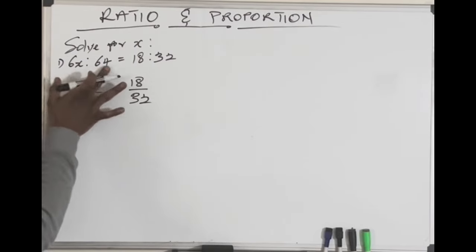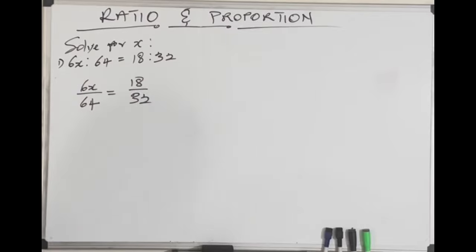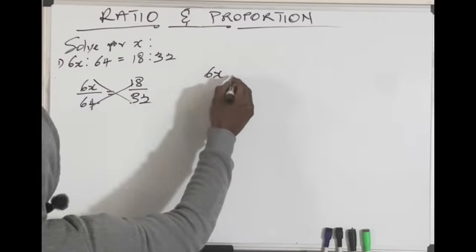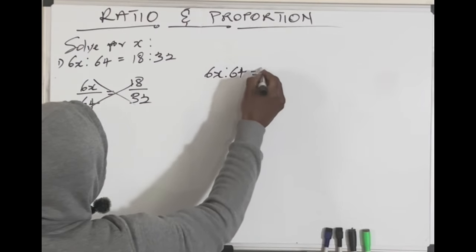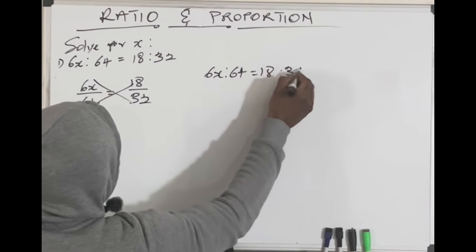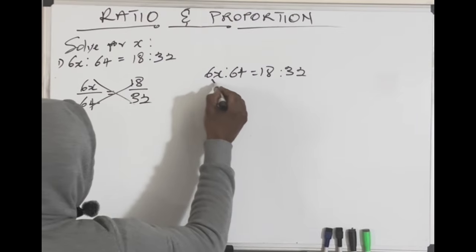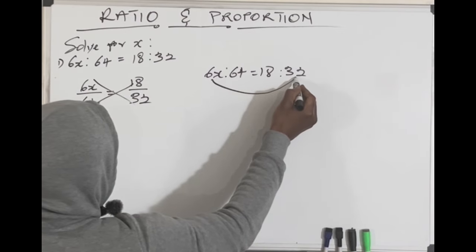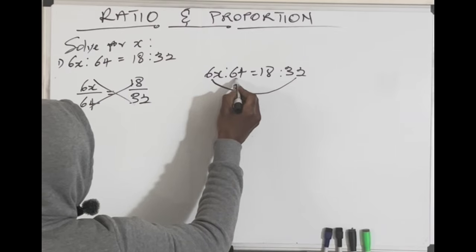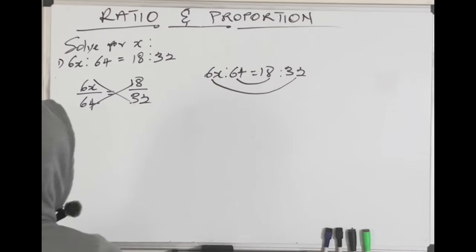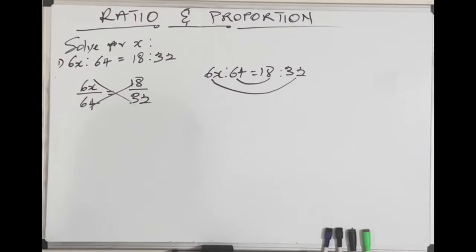And then we just do cross multiplication. Or 6x is to 64 is equal to 18 is to 32. Always the very first number multiplies the last number, and then the second number multiplies the immediate next number. Okay, so this is the same as that.